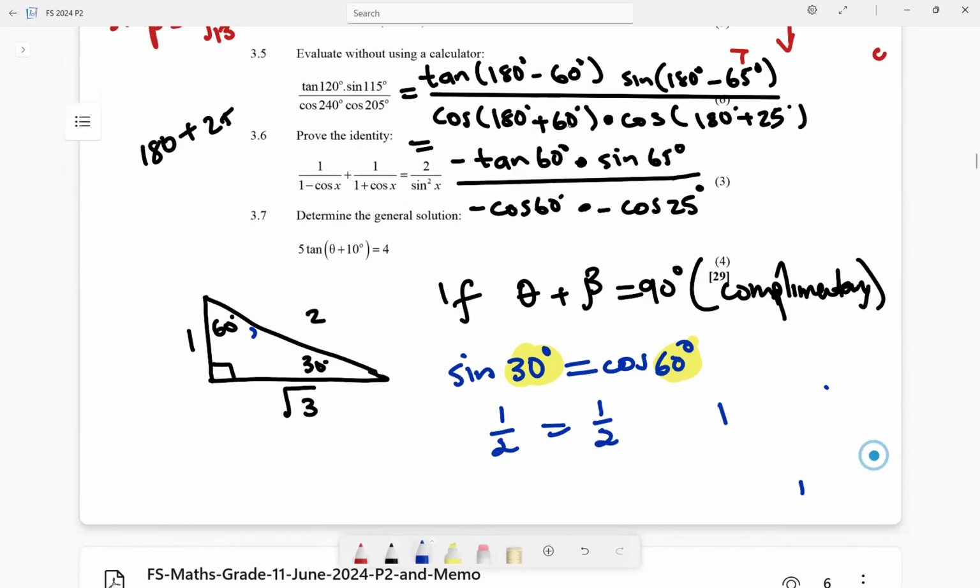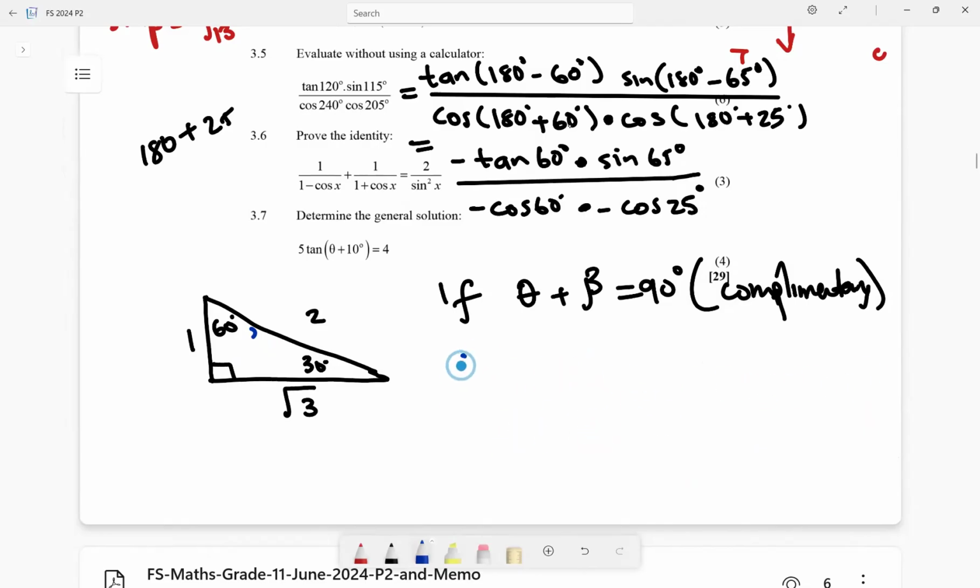Now, why am I teaching you this? I am teaching you this because sometimes you have something like sine 30 divided by cos 60. You want to eliminate them, but you do not know how. You can change this one into cos. Remember, when you change it, you change the name as well as the angle.